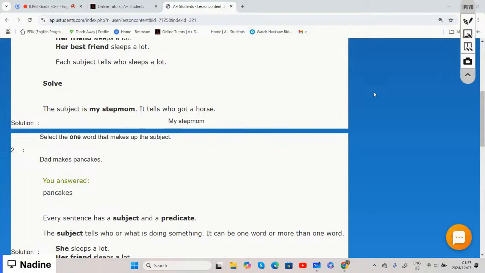The next one says, Dad makes pancakes. We need to select one word that makes up our subject. Dad makes pancakes. So we need to select our subject.